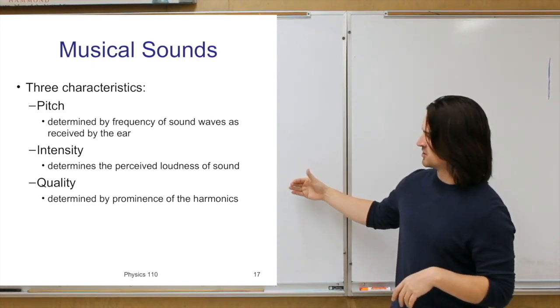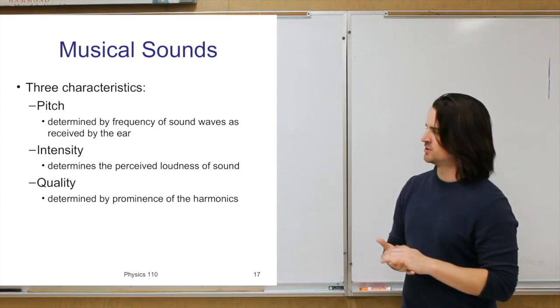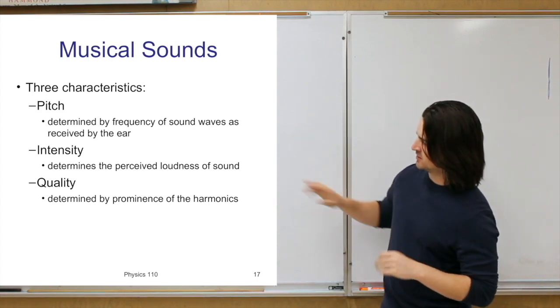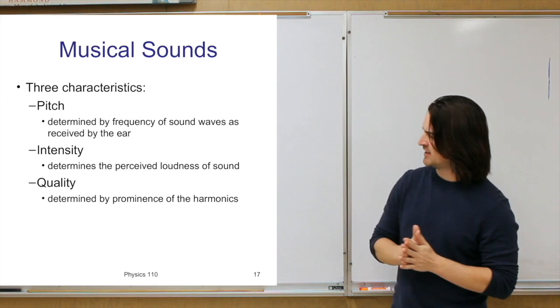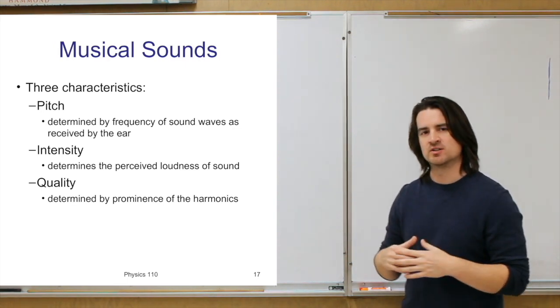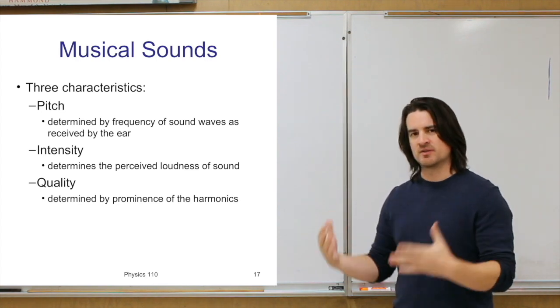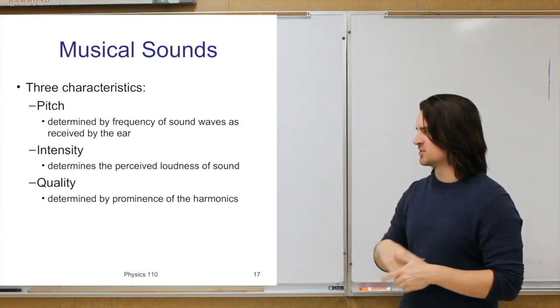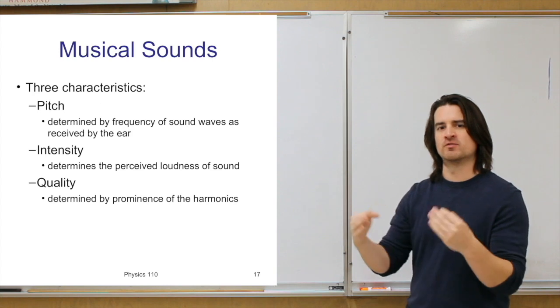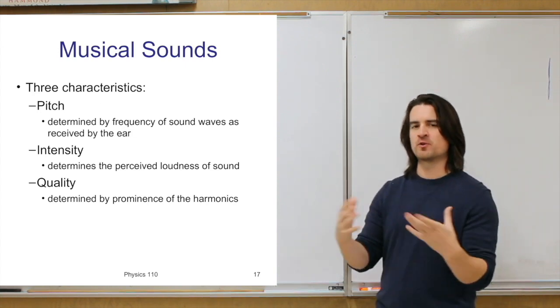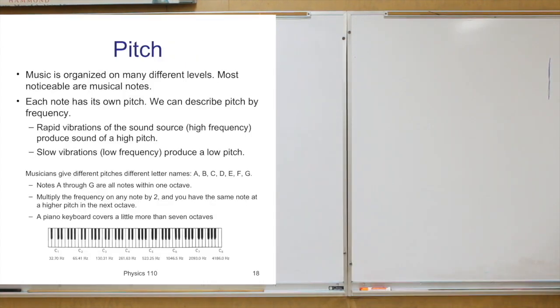And then finally there's quality, which is probably the most complicated of the three, in that it has to do with something called harmonics. We'll talk about it more, but essentially quality is saying how pure a sound is, how few frequencies make up that sound.